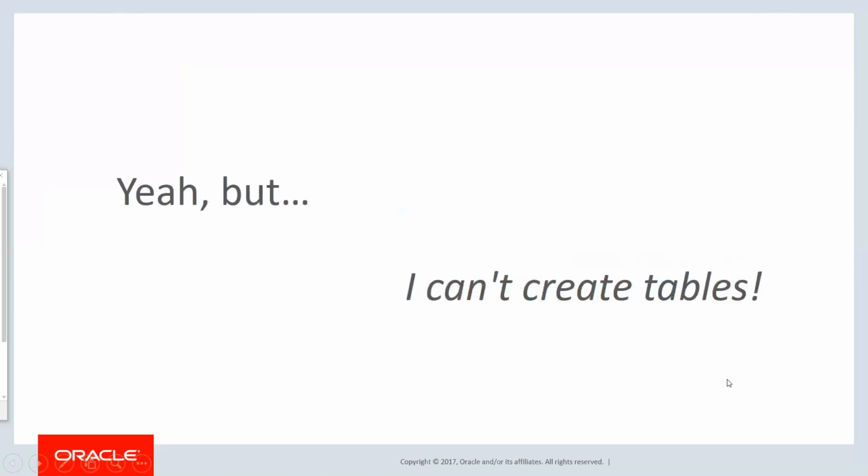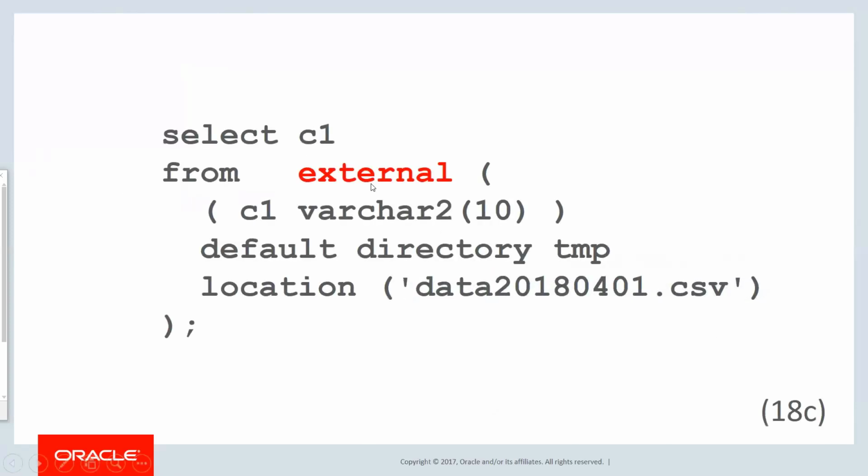Well, luckily, in 18c, there is a new option: inline external tables. These are external tables that only exist in your query. So what you do is you have your query like this, you use the keyword external, specify your column names, and then you can literally paste in the definition of your external table.